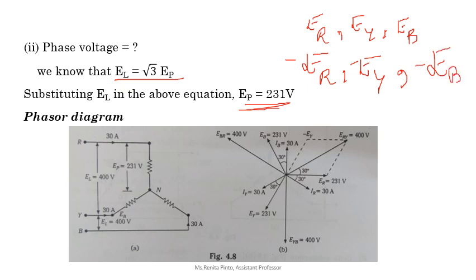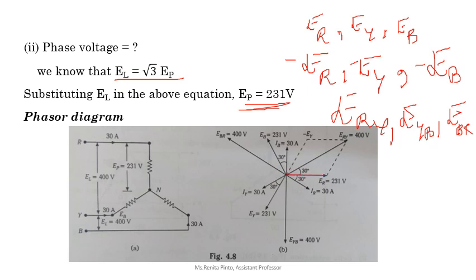So next, once you finish drawing this, next thing what you can do is draw ERY, EYB and EBR. So these are the three steps to draw the voltages. So what we'll do is see here.